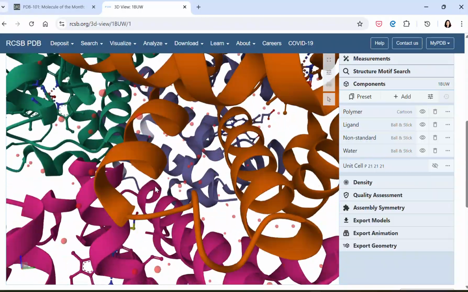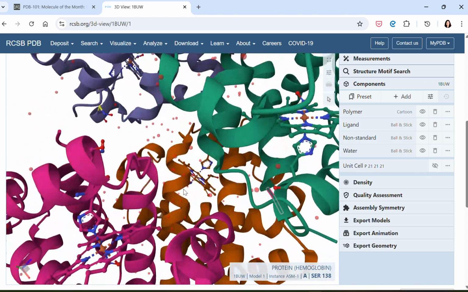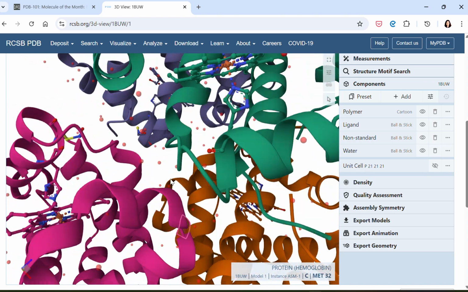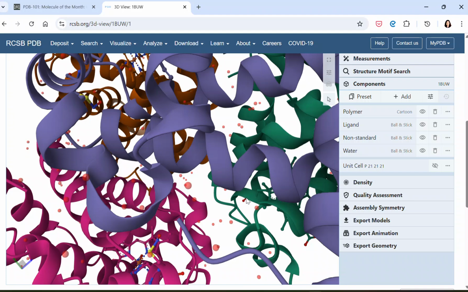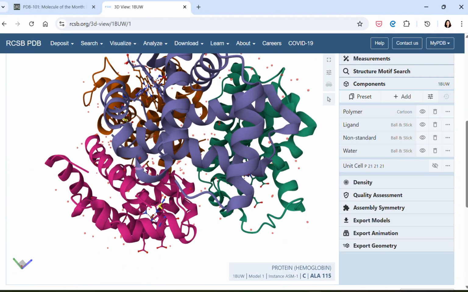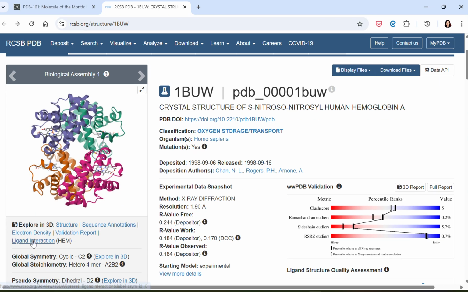A close-up visualization of alpha helixes. See here we have the amino acids, and the critical histidine is in here. Yeah, histidine. Now we come back and we can look at the ligand interaction.